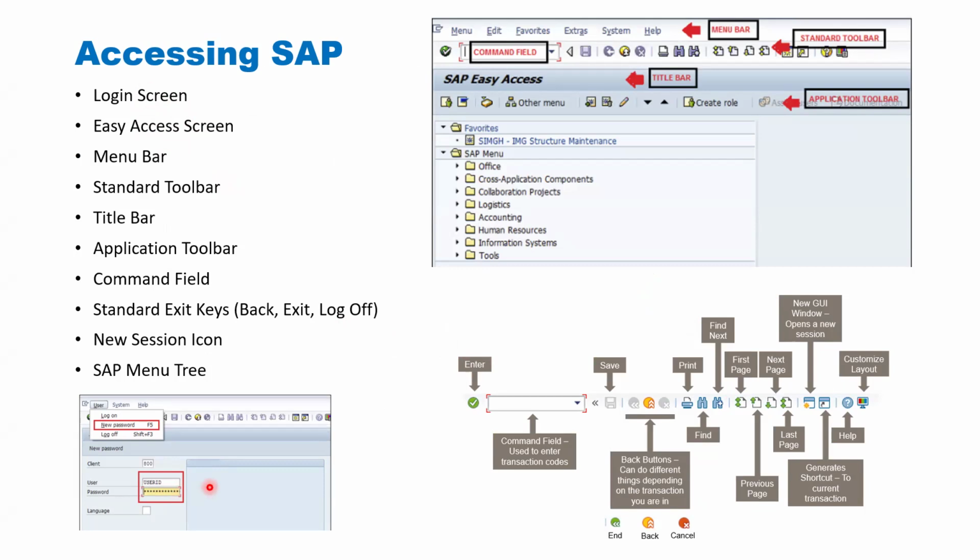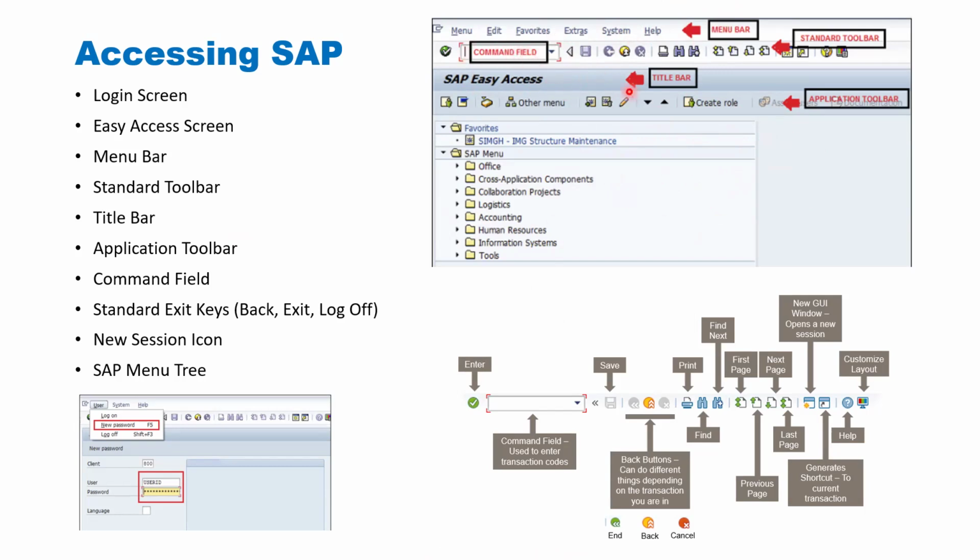Your Gmail, for example, you have a username and a password field. You go in and then you come to a screen that is called the easy access screen. This one right here. We're going to look at it pretty soon. And in that screen, you have a number of sections, right? We have the menu bar section, which is just a typical menu bar, just like every other application that you have used. We have a command field.